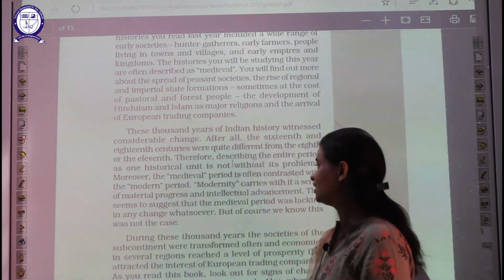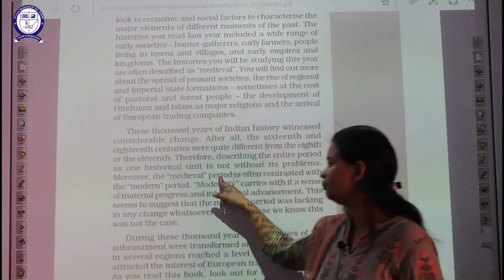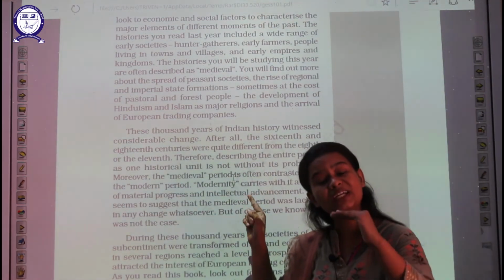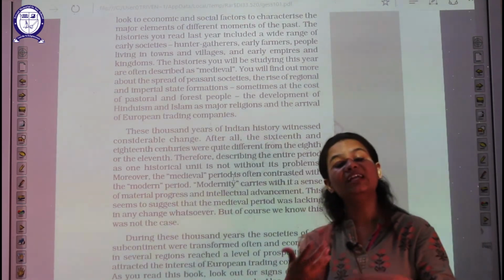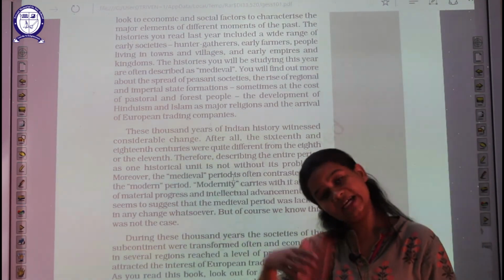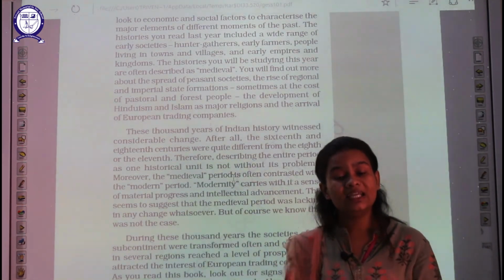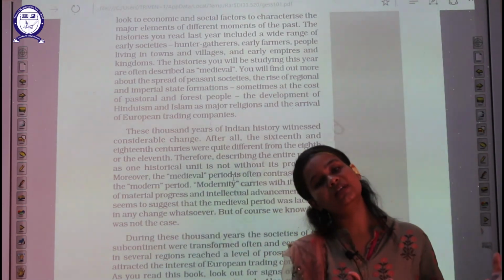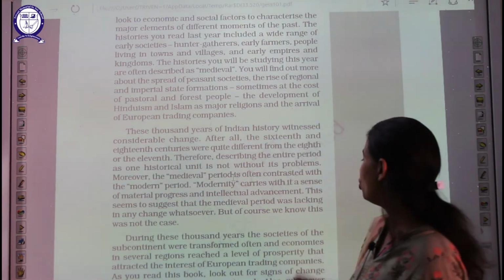They used to describe all these things, as I already told you, in the medieval period, what had happened, and in the modern period, when new technology arrives, like I gave you the example of Persian wheel, spinning wheel. Of course this is related to history, but this comes under the category of modern history.